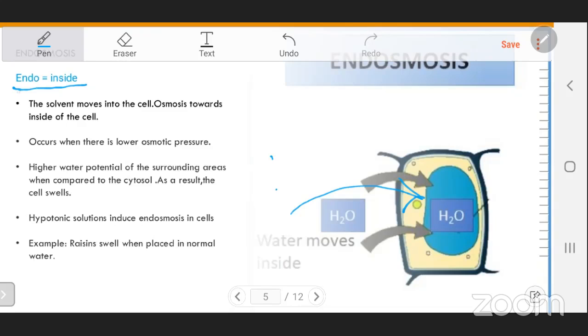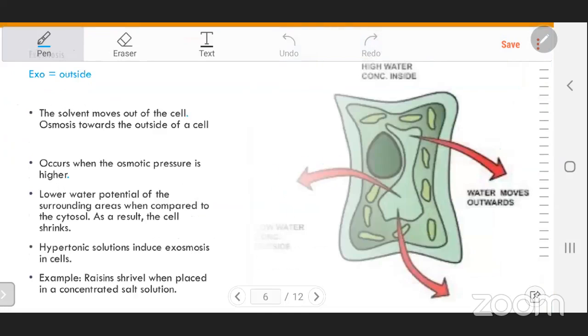But endosmosis is the process in which the resins will swell when they are placed in a solution, because the water from the outer environment, that I have put in the Petri plates, will enter into the cell inside the resin and they will swell up. This process is known as endosmosis. Endo means entering the cell. So water entering the cell is endosmosis.